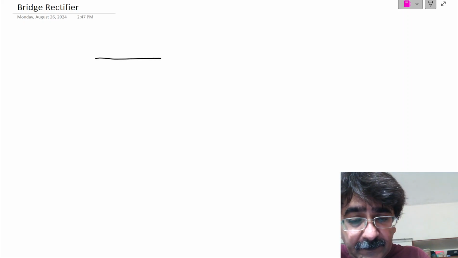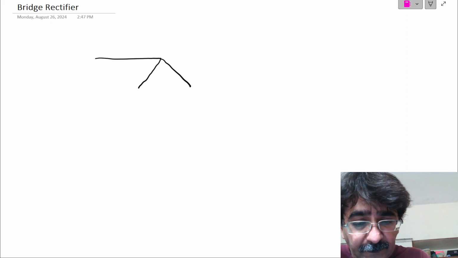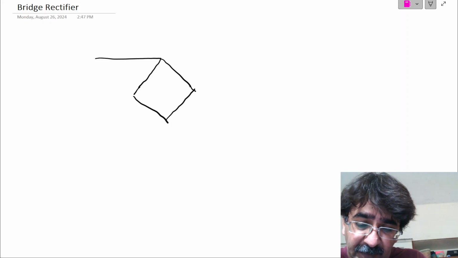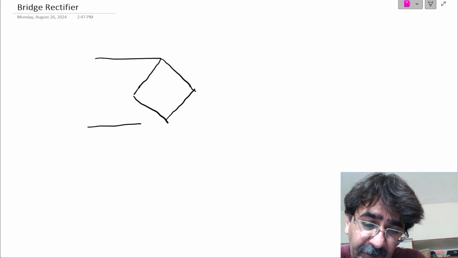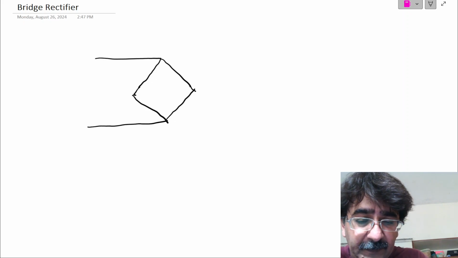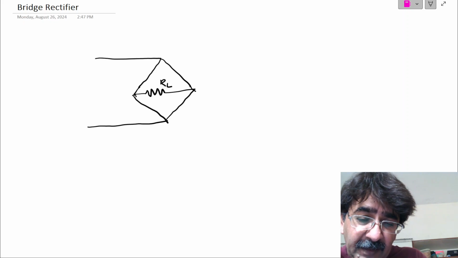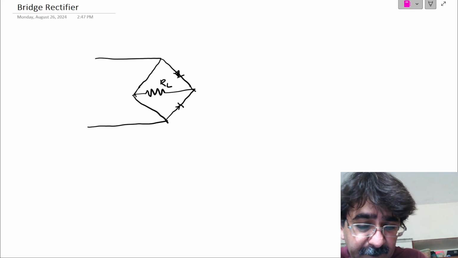Firstly, I am drawing the first circuit for a bridge rectifier. It has 4 diodes and 1 load resistance. The load resistance is connected from the center.